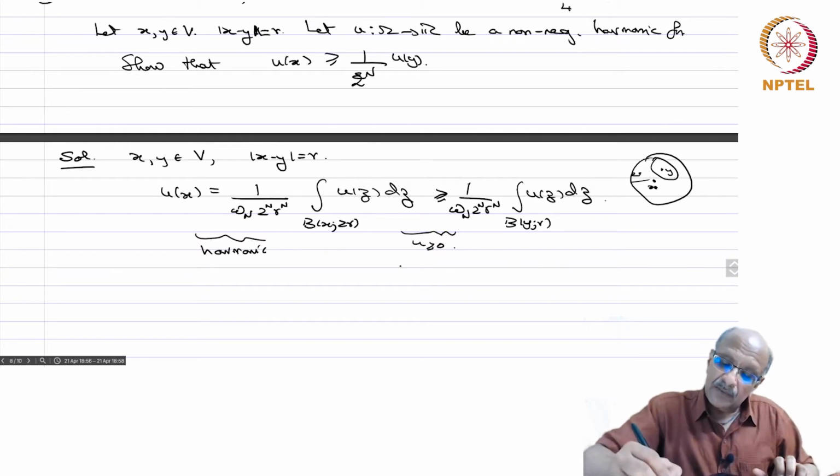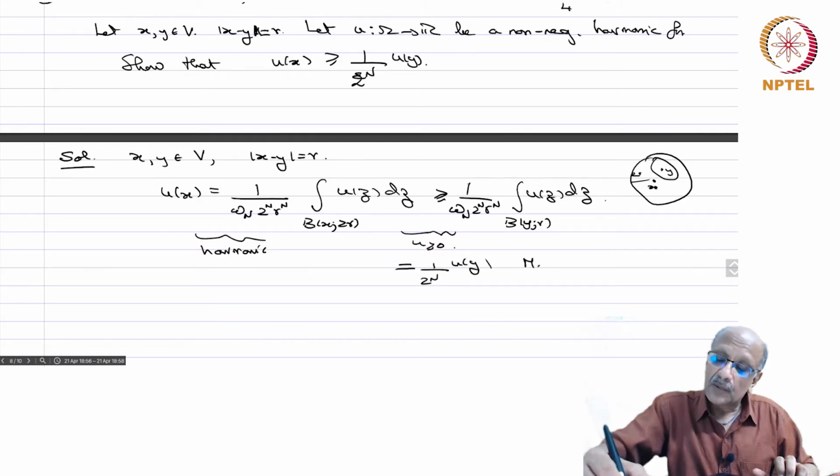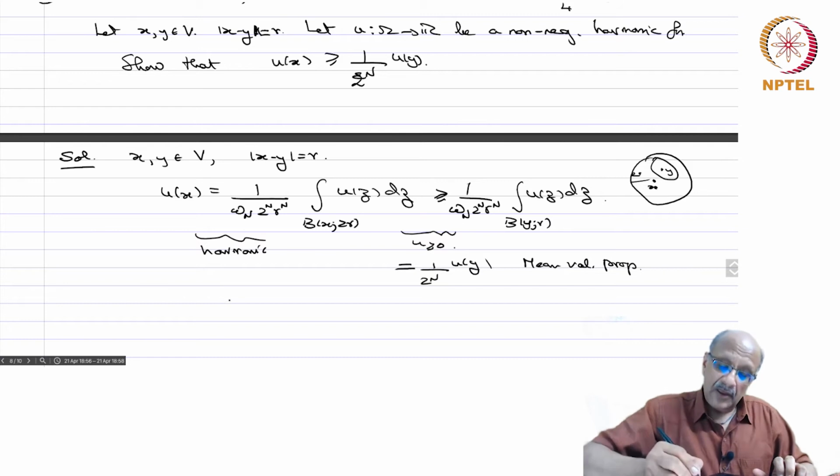But what is that? Again, by the mean value property, this is equal to 1 by 2 power n u of y. So u of x is greater or equal to 1 by 2 power n u of y.